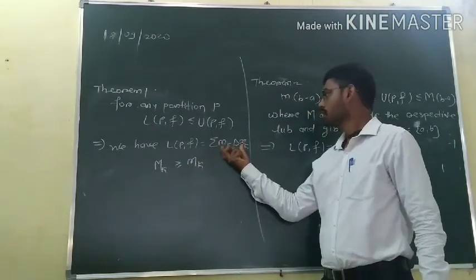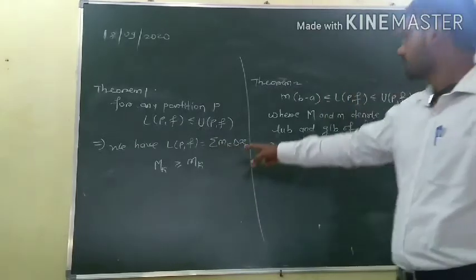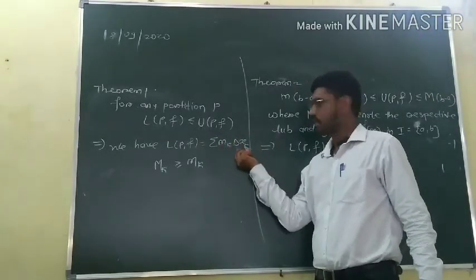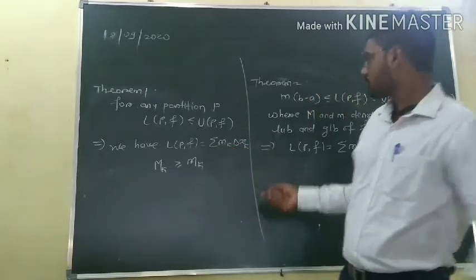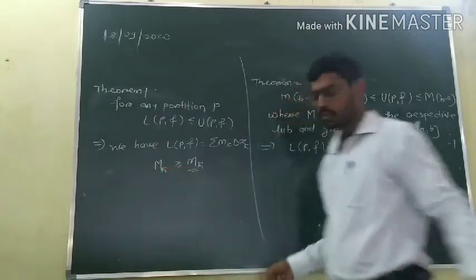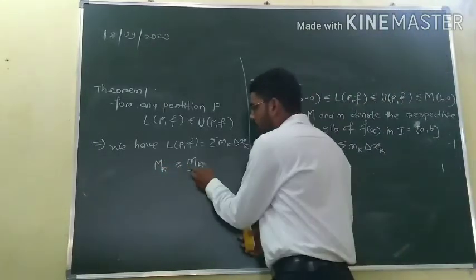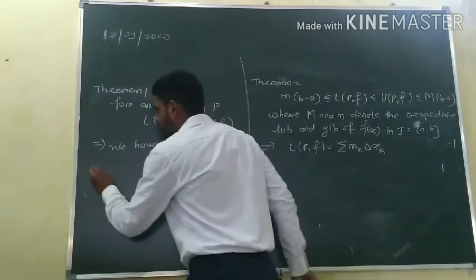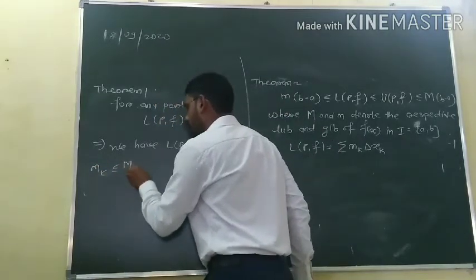Okay. What is this formula? So the lower sum is equal to the sum of m_k delta x_k. So small m_k. Now small m_k is less than or equal to capital M_k.